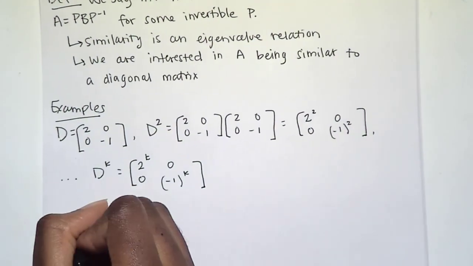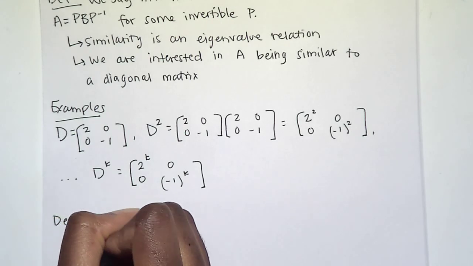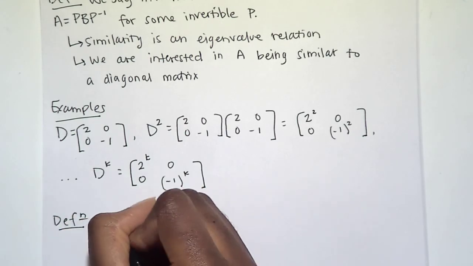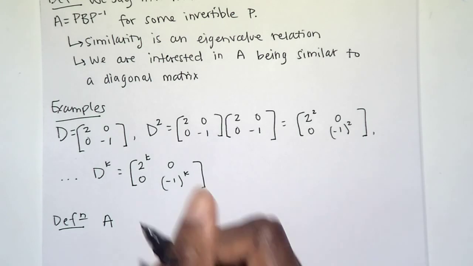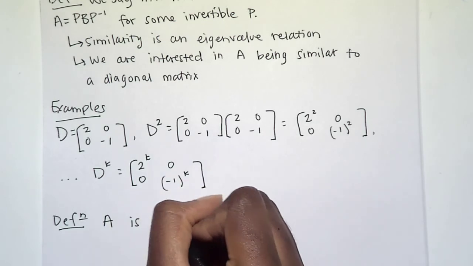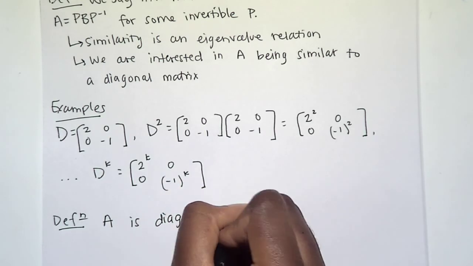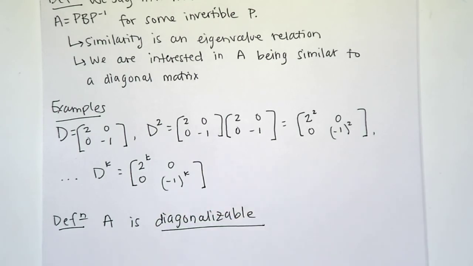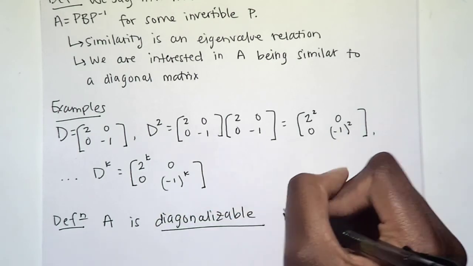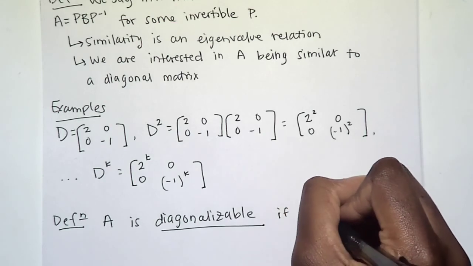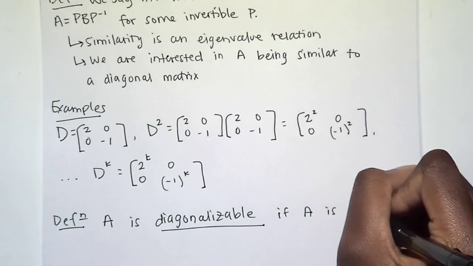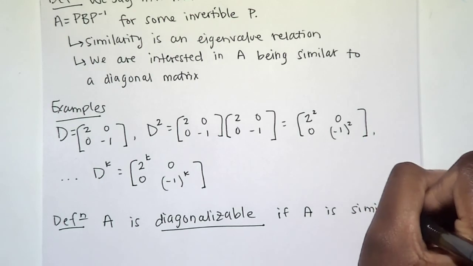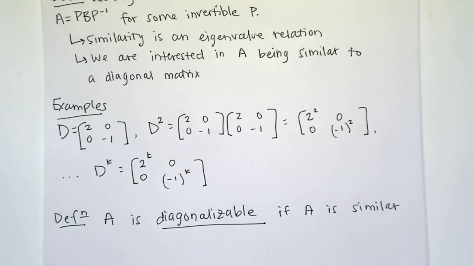All right, so let's get our definition of diagonalizable. Our matrix A is diagonalizable, very long word, if A is similar to a diagonal matrix.